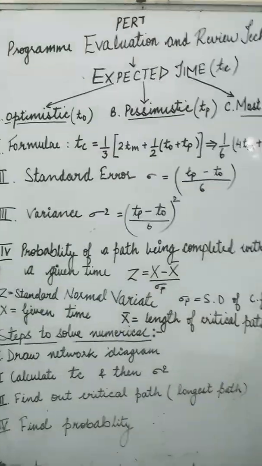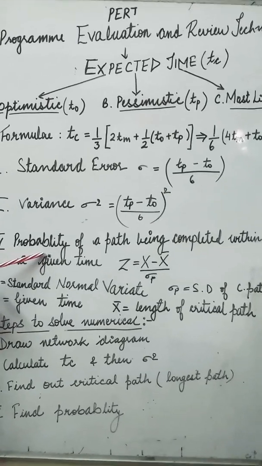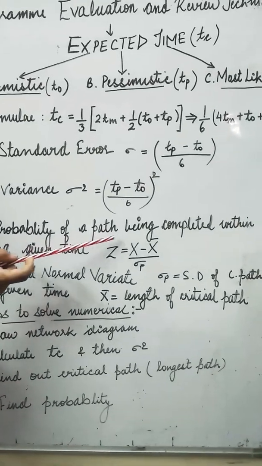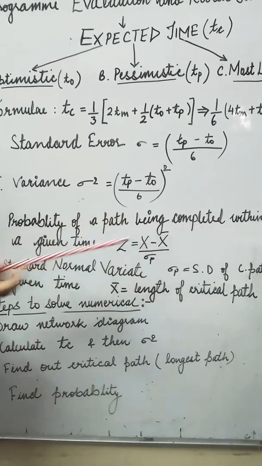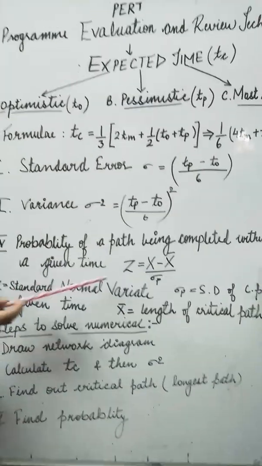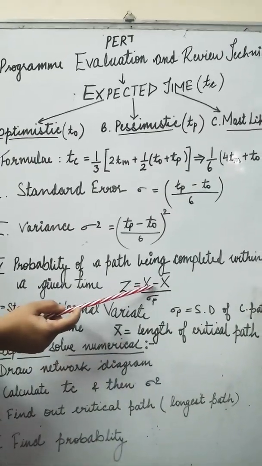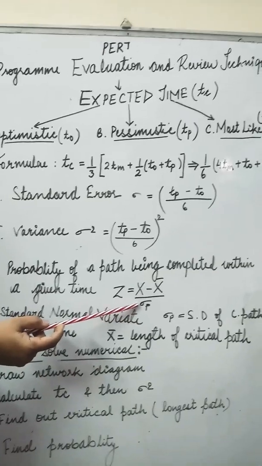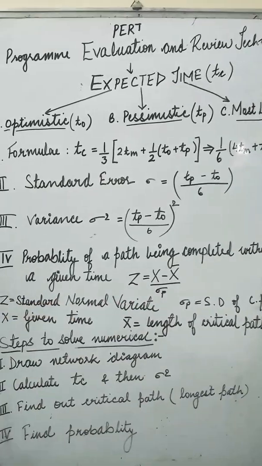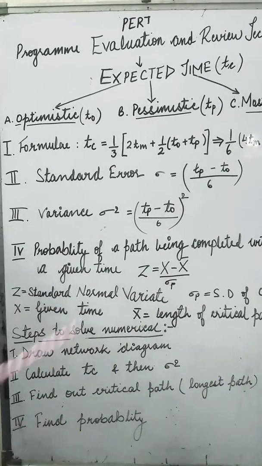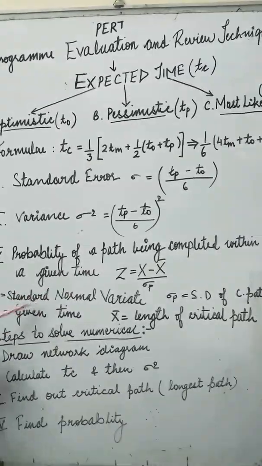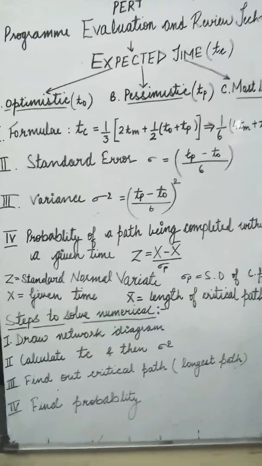Next, fourth, you have to calculate the probability of any path being completed within a given time. Z is equal to (X minus X bar) divided by the standard deviation of the critical path. What is Z? Z here is the standard normal variate.